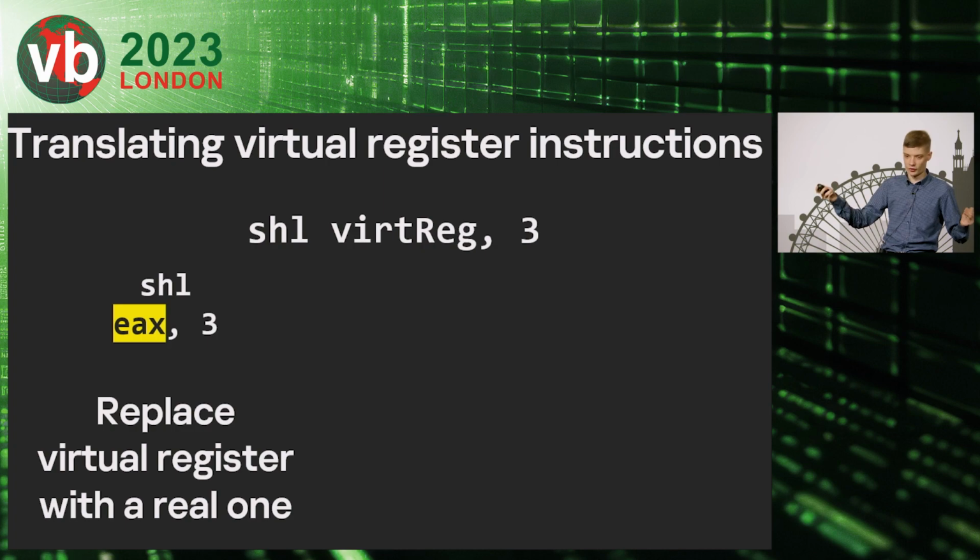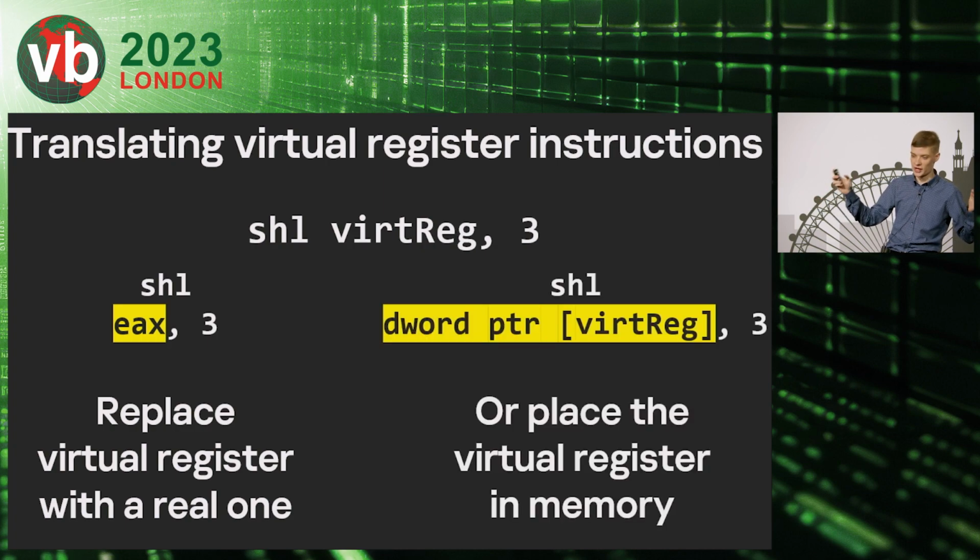The second option is to place this virtual register somewhere in global memory as a global variable. In this case, the shift left instruction will contain a dereference operation. So what should we choose? The register option or the memory option?